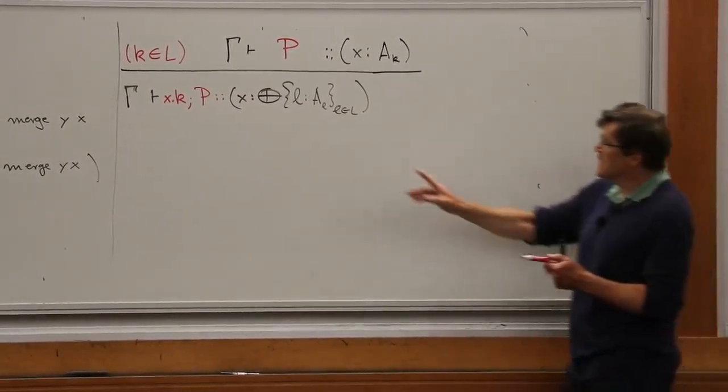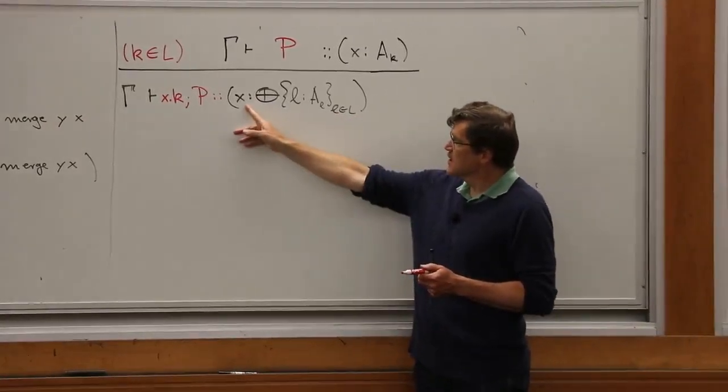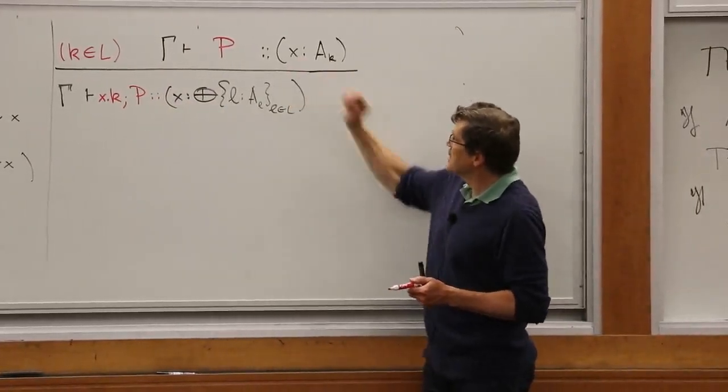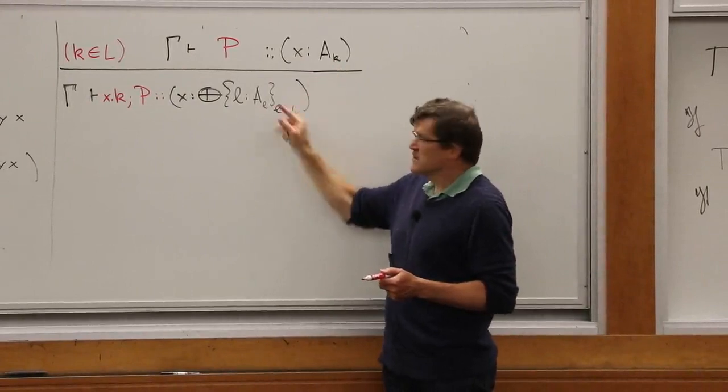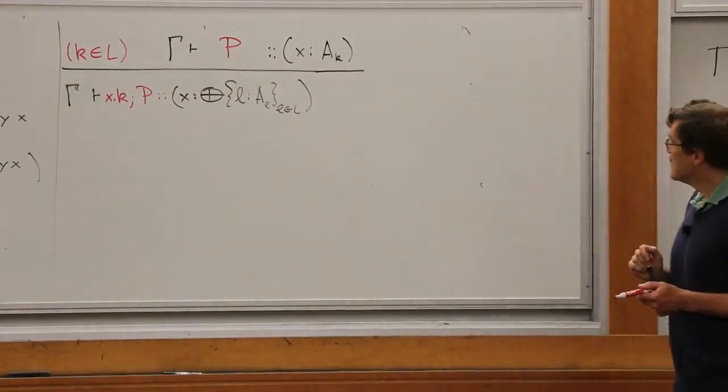Okay, so this is a finite number of choices between the labels in this label set along the channel X. We send one of those labels, and then we continue communicating as A sub K, which is the branch that we picked out. Yeah? What's the subscript on the A on the bottom?